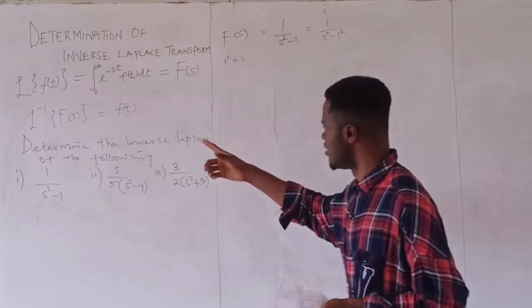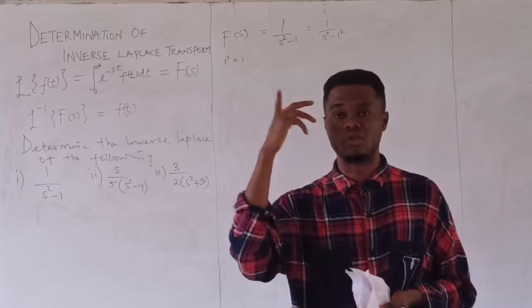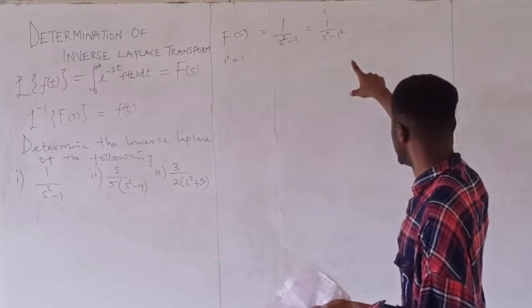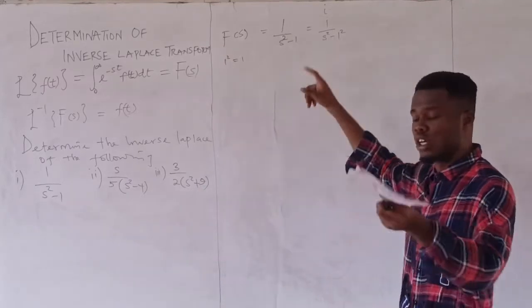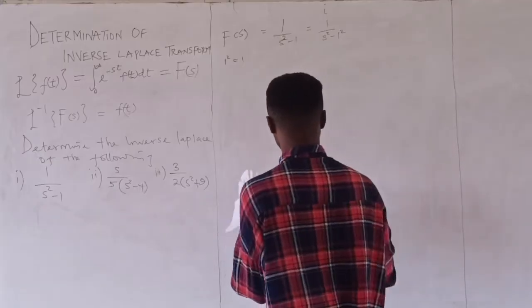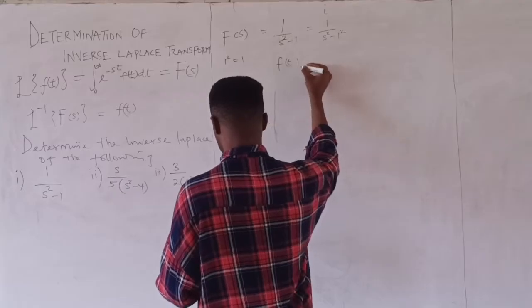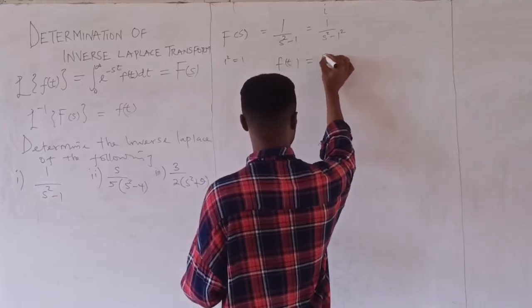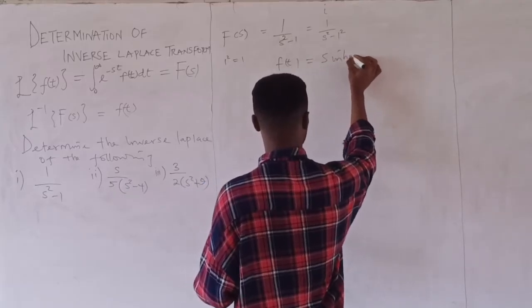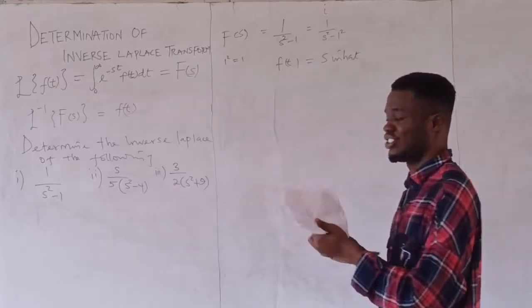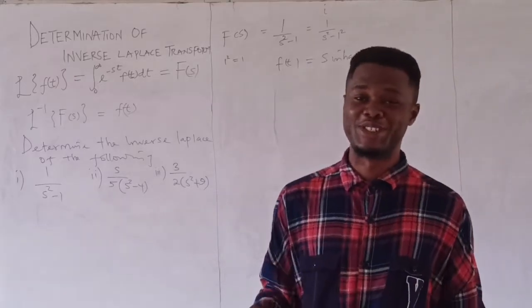So which f of t from the Laplace transform that we did earlier on can give you a denominator in this form? The one that can give us a denominator in this form will be when f of t is equal to sinh at, depending on however you pronounce yours, right?